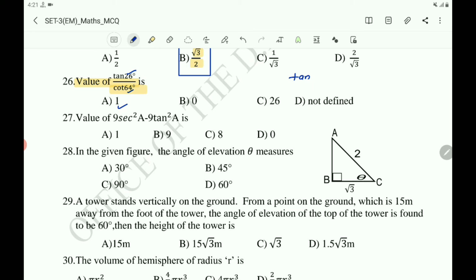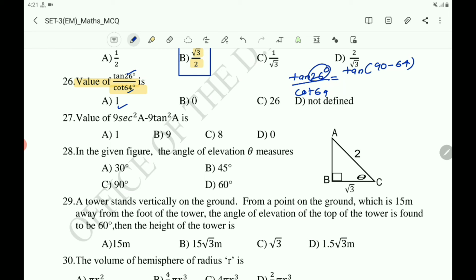How is it? Tan 26 degree by cot 64 degree. So express this tan in terms of cot. Then you write tan 26 degree is nothing but tan of 90 minus 64. You know that the sum of these two is equal to 90 degree.